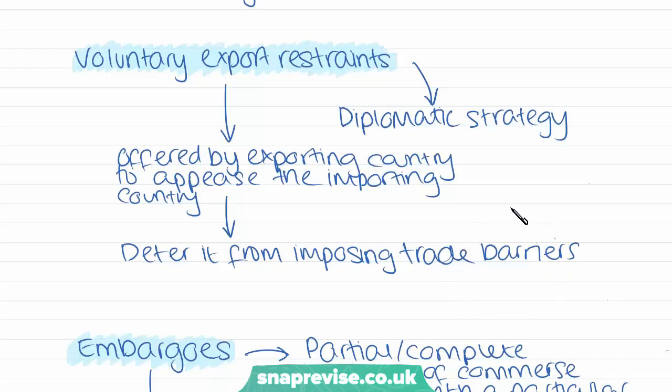So essentially, if one country wants to export something into another country, it will often give the other country almost like a gift to make sure that they're on good terms, for example, and to stop them from imposing trade barriers, which would make it more difficult to trade with them. So it kind of enables trade through giving these voluntary export restraints.